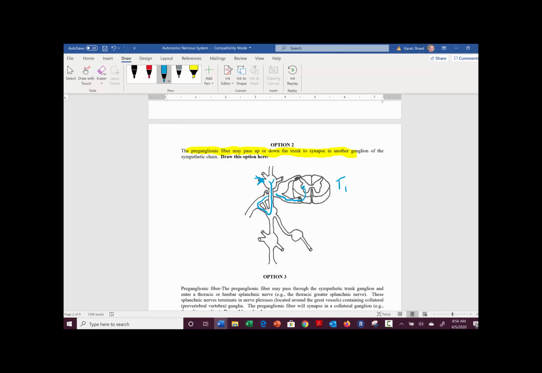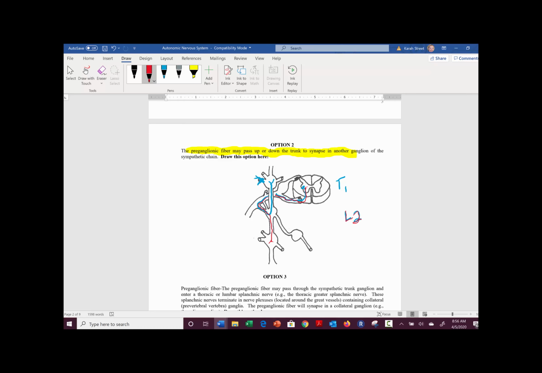Now, I could have easily said that maybe we're at the level of L2. And if I said we were at the level of L2, then we would have had the preganglionic fiber exit through the ventral root, enter a spinal nerve, enter an anterior primary ramus, enter the white ramus communicans, and maybe go down to a lower level like L3 or L4 or even a sacral level.